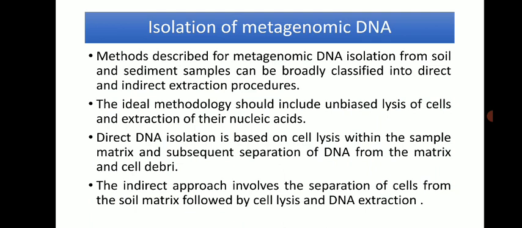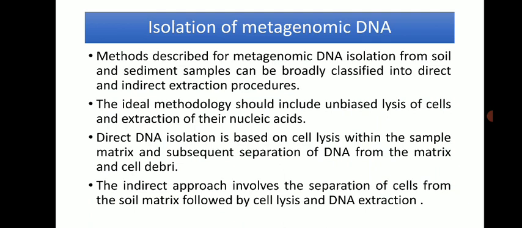Methods described for metagenomic DNA isolation from soil and sediment samples can be broadly classified into direct and indirect extraction procedures. So these are two basic approaches. The ideal methodology should include unbiased cell lysis and extraction of nucleic acid, so there should not be any kind of error while doing all these operations.